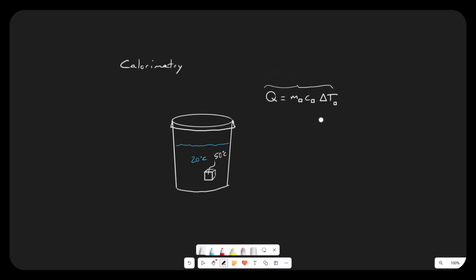Now the cube is going to go down in temperature, so the temperature change right here is going to be a negative number. All the heat that it gives off is going to be picked up by the water. So I'm going to have mass of the water, C of the water, times the temperature change of the water, and that's equal to Q here.